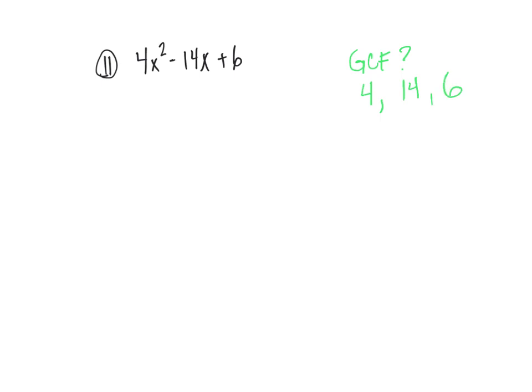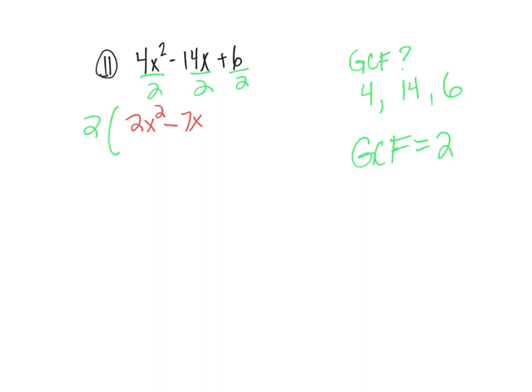We might notice that they are all even, and therefore our GCF is going to equal 2. So I'm going to take that greatest common factor and divide it out of each term. And this is going to leave me with 2x squared minus 7x plus 3.